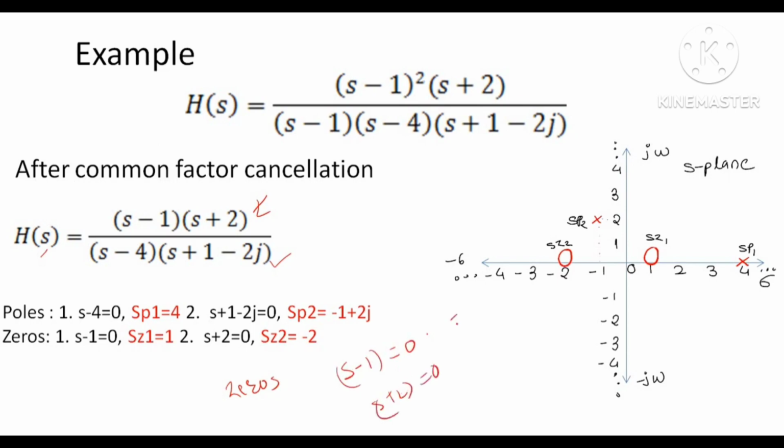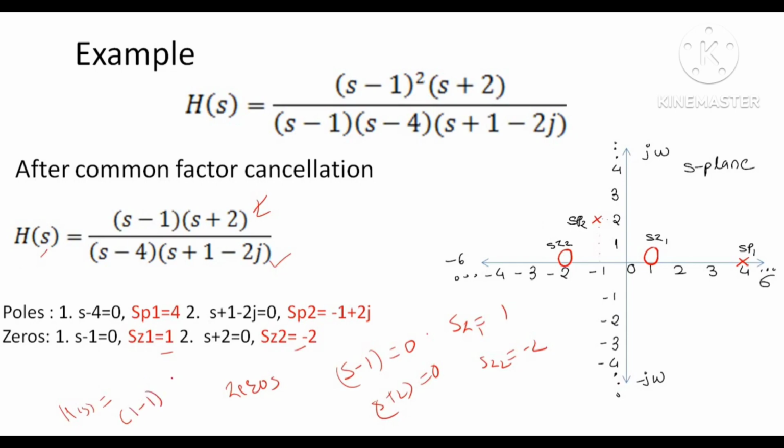So the first zero is z1 equal to 1, z2 equal to minus 2. So these are the zeros of our H(s). Now these zeros make H(s) equal to 0. How? Because if you put the zero value in the equation of H(s), put s equal to 1, that is 1 minus 1.